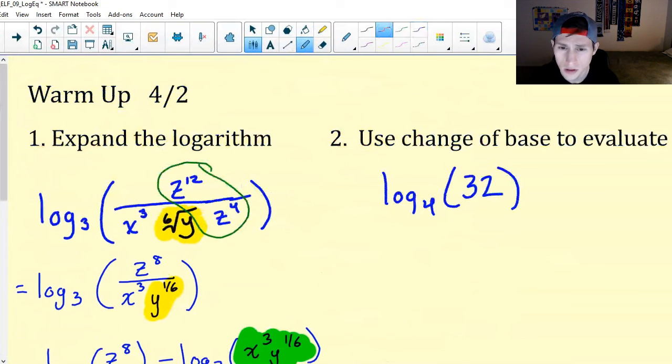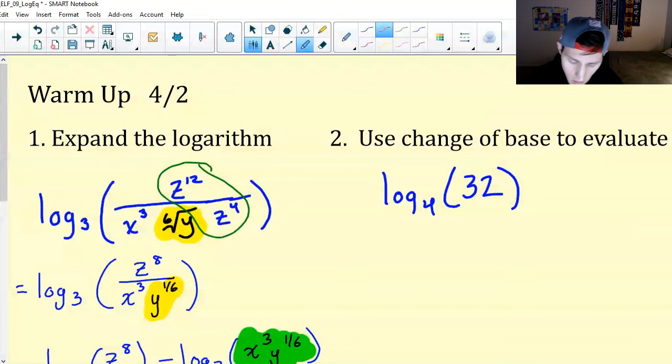For number 2, use the change of base to evaluate. So log base 4 of 32. Now, the change of base formula, we can change it to any base. I said most commonly we would use natural log and logarithm. But let me show you another way that this is useful to us sometimes.